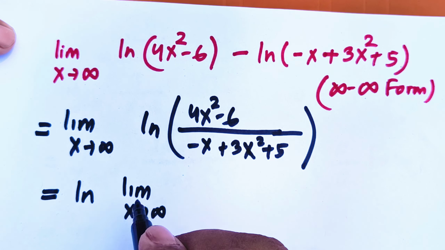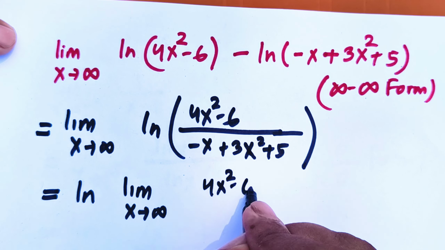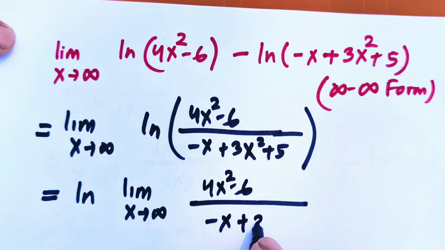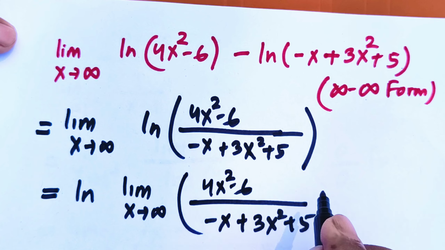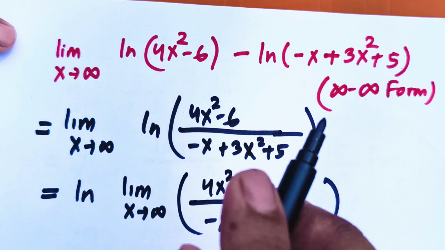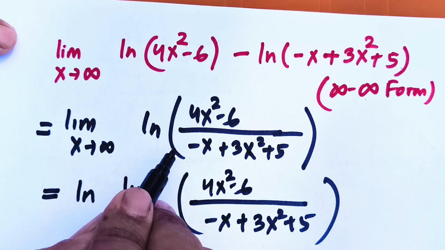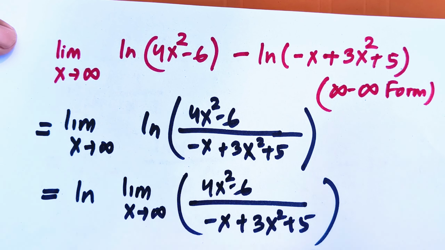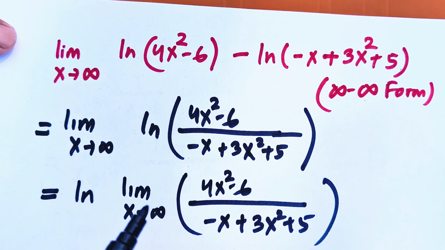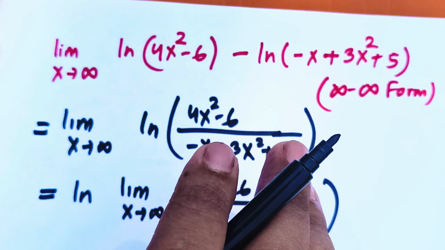So this is ln of the limit x tends to infinity of 4x square minus 6 whole divided by minus x plus 3x square plus 5. Keep in mind, you can take limits inside because those are continuous functions.